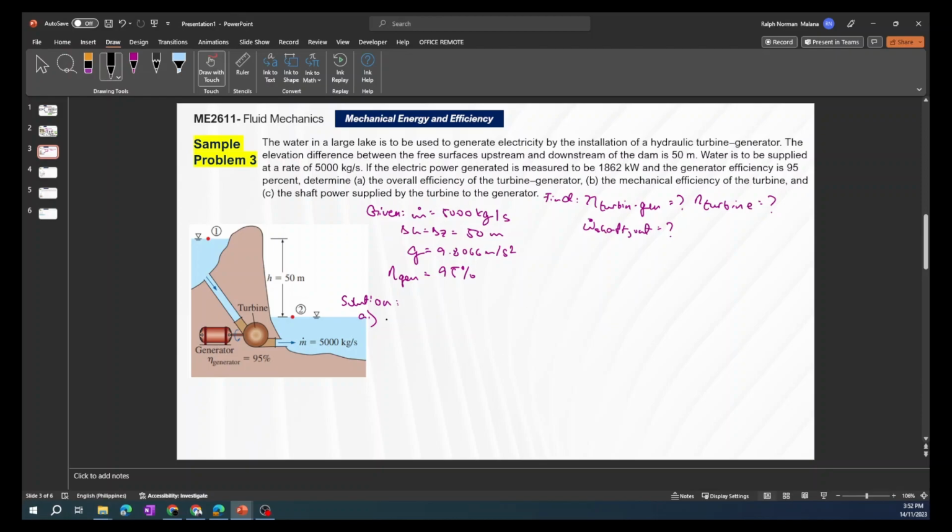So in this particular case, total mechanical energy, E mech, is equal to E2 minus E1, which is also equal to the pressure at point 2 minus P1 over density, plus V2 squared minus V1 squared divided by 2, your kinetic energy, and g delta Z, which is basically Z2 minus Z1.